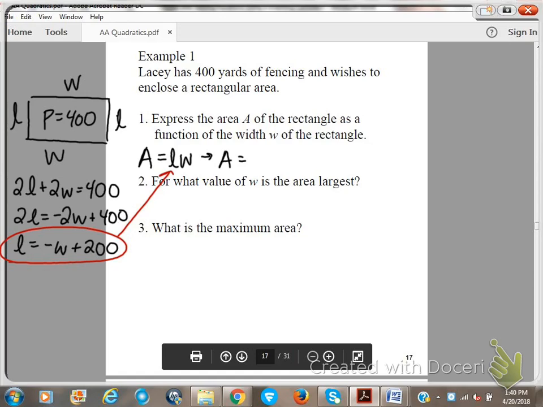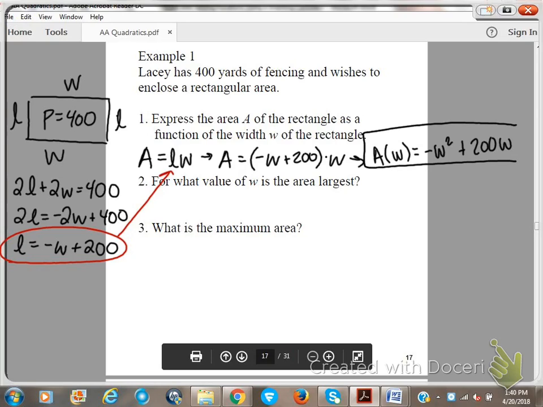So A equals, instead of L, we're going to write negative W plus 200 times W. Distributing your W through, your area as a function of W would be negative W squared plus 200W. W is the only variable in your equation, so that's when you're done.